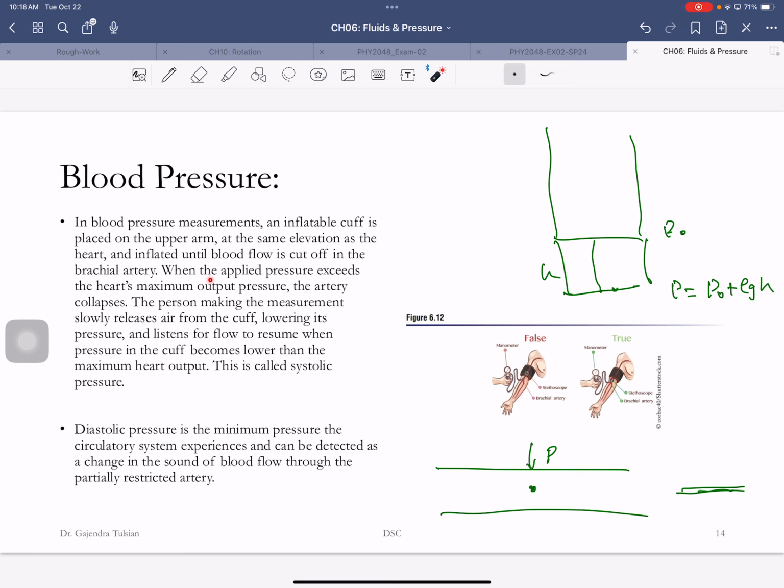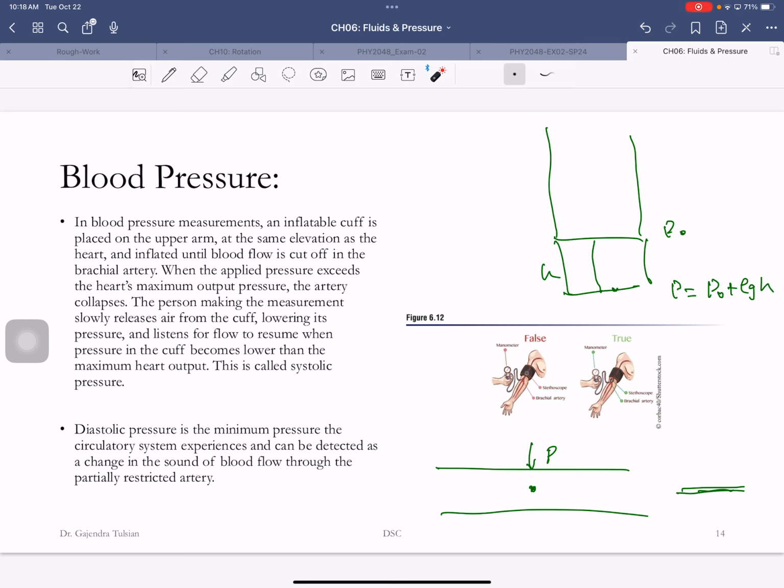The person making the measurement slowly releases air from the cuff, lowering its pressure, and listens for flow to resume. When pressure in the cuff becomes lower than the maximum heart output, the artery opens up and flow resumes. That's how you measure the highest pressure, and that's called the systolic pressure.